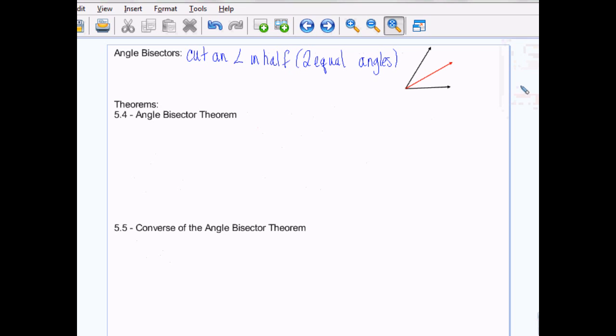An angle bisector cuts an angle in half. So if you have an angle and you bisect it, you get two equal parts. Okay?